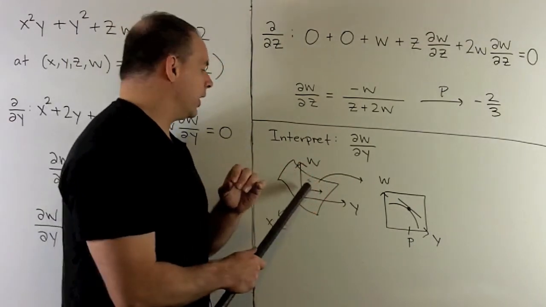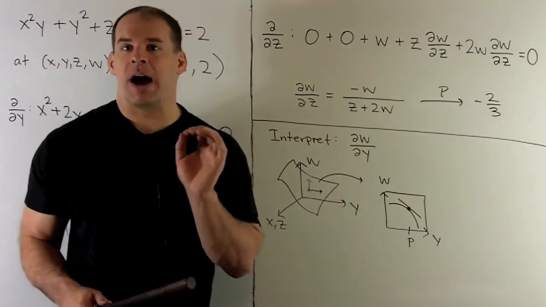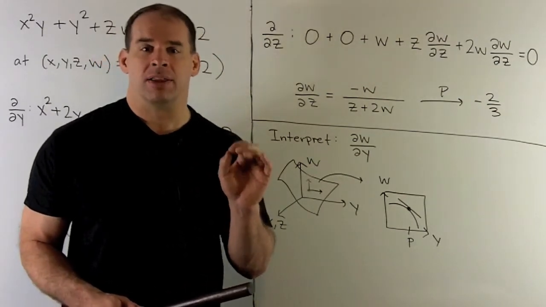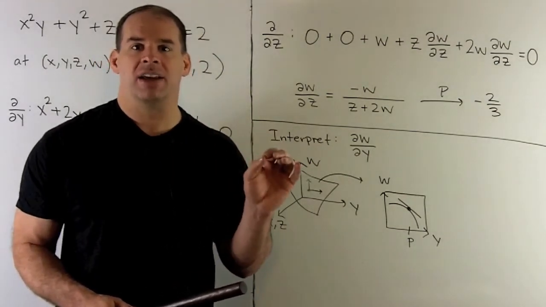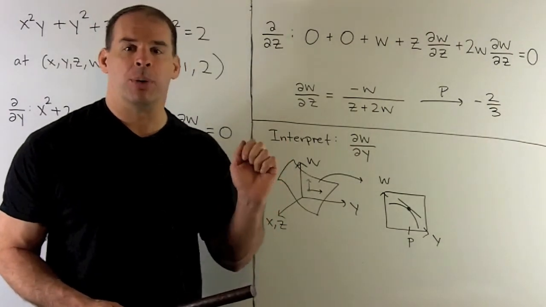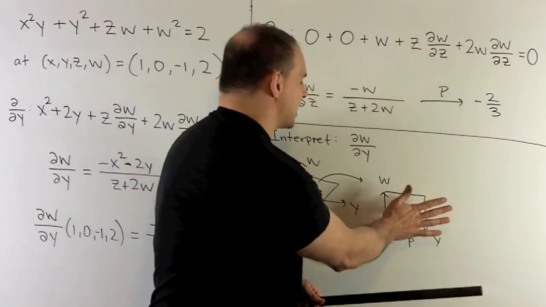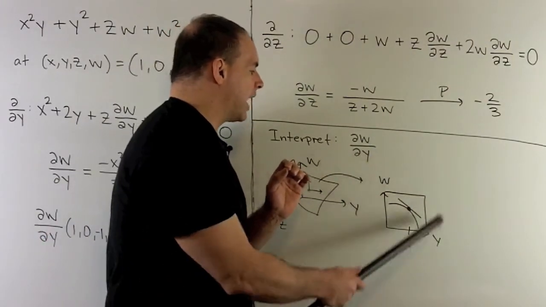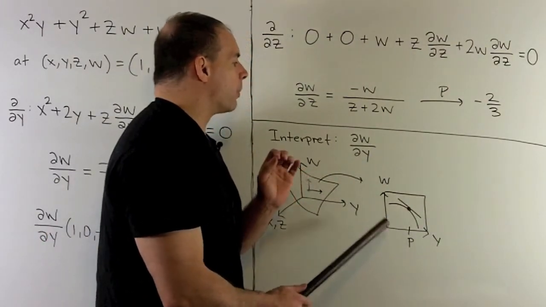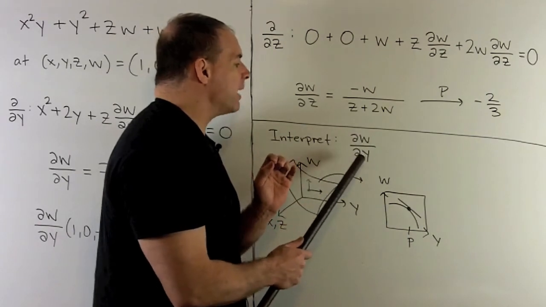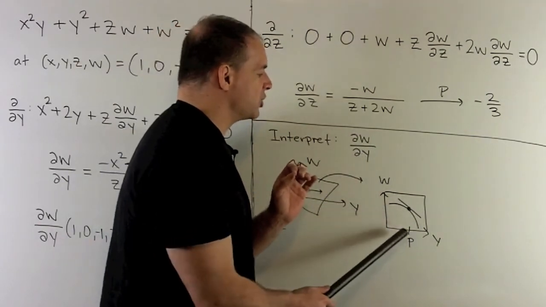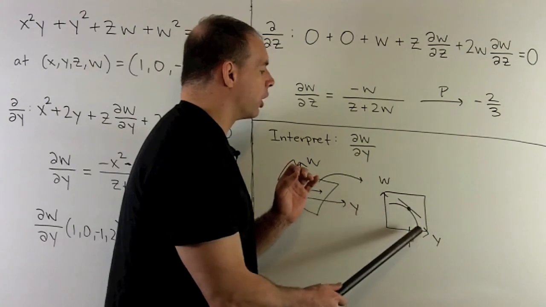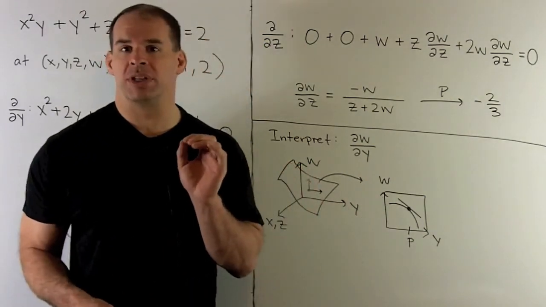Now, at our point, we can take the plane that's parallel to the yw plane. That's going to intersect our subset in a curve. And then if I pull that plane out and put it off to the side, we just have a one-variable calculus problem. So our partial derivative of w with respect to y is just going to be the slope of the tangent line above our point to our curve. So it's the usual interpretation of derivative.